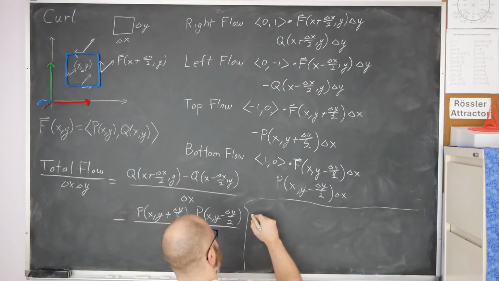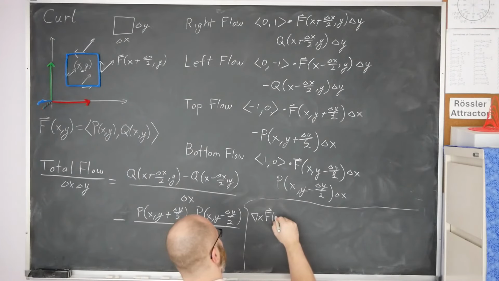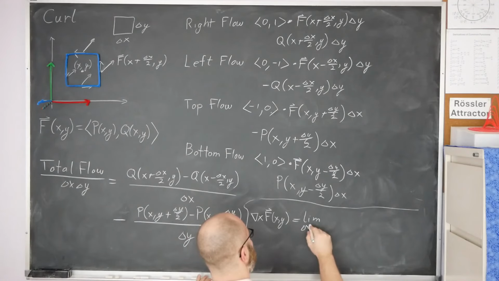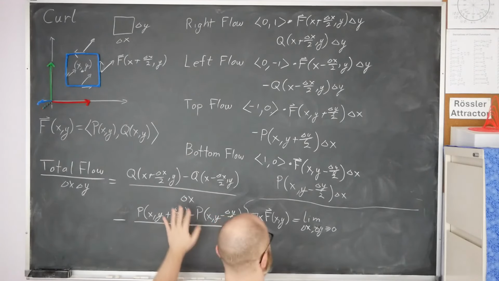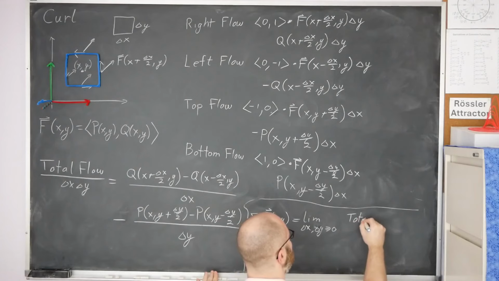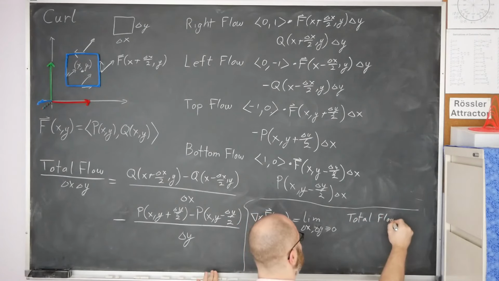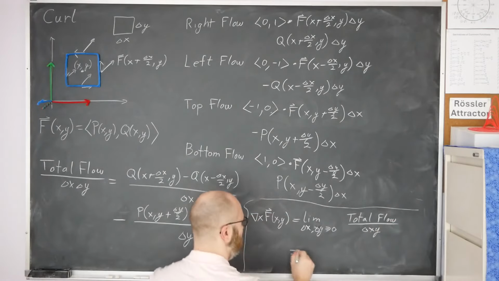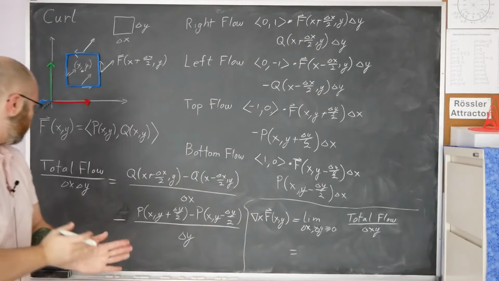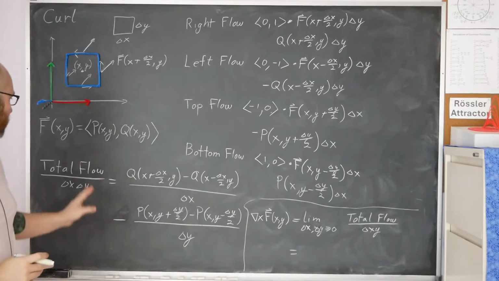So the curl, which I'm going to write like this, of f at x comma y, is the limit as delta x and delta y go to 0 of this thing, the total flow over delta x delta y. If I take those limits, there is no delta y in here anymore.